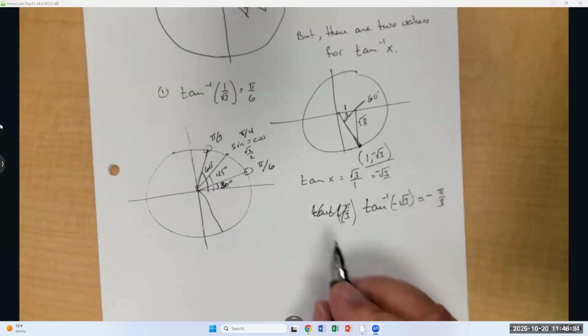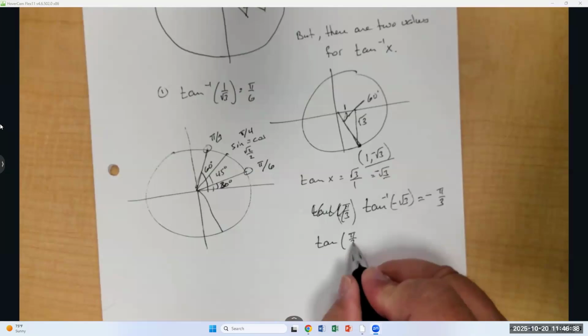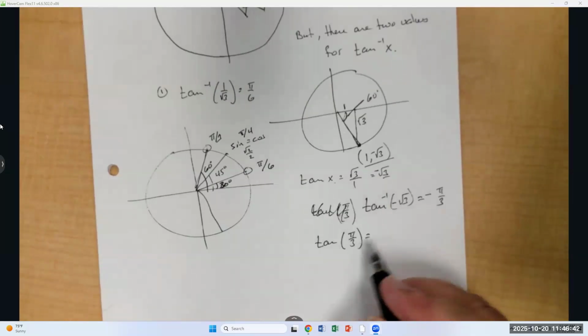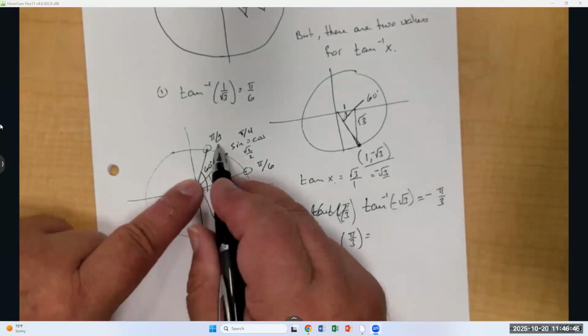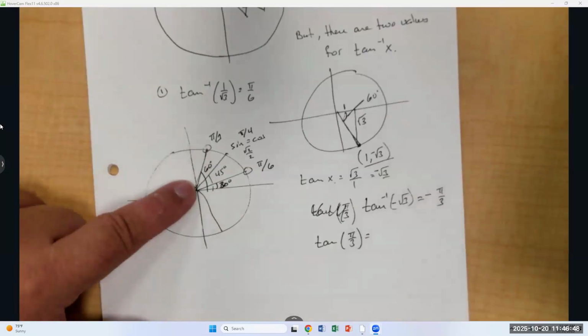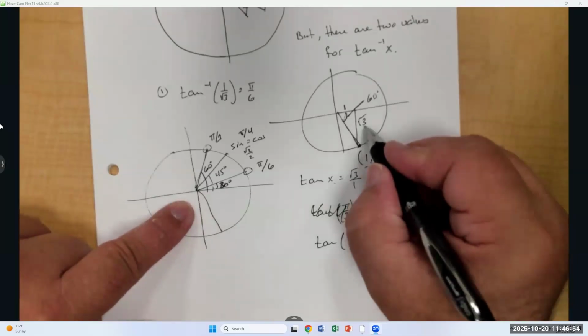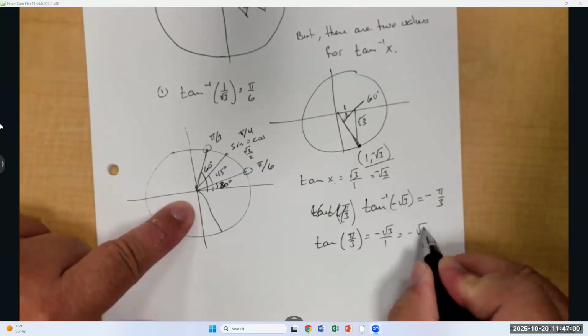And that's our inverse function, because the tangent of pi over 3 is 60 degrees, or in our case, negative radical 3 over 1, which is negative radical 3.